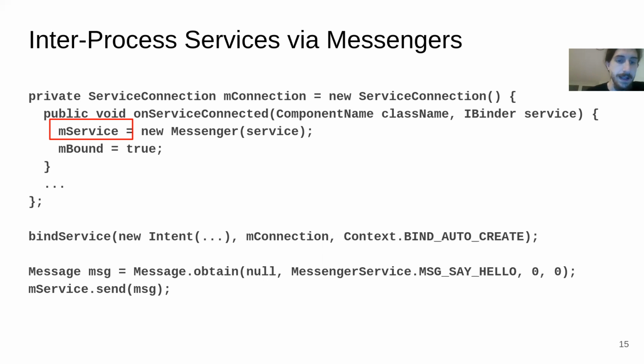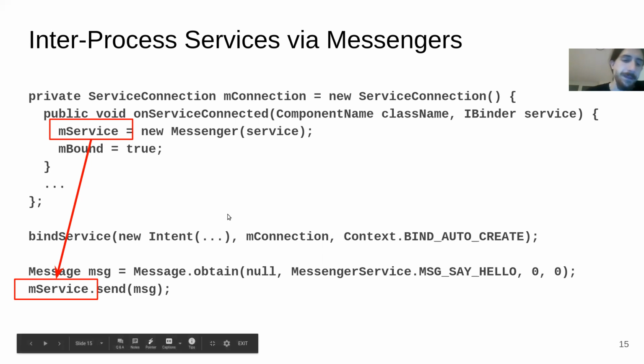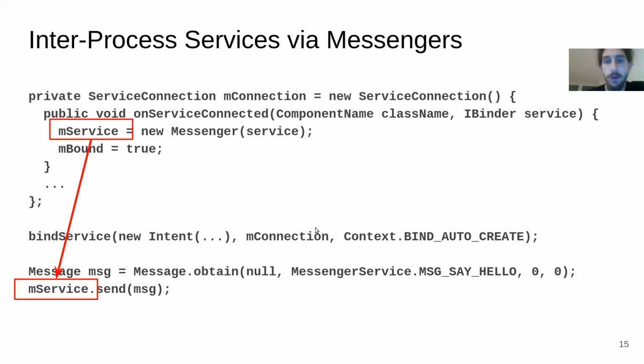Okay, so let me have the full code here. Let's try to understand what's going on. You do bindService with the intent and then an instance of this mConnection. mConnection is an instance of ServiceConnection where you define a concrete implementation of the onServiceConnected method.